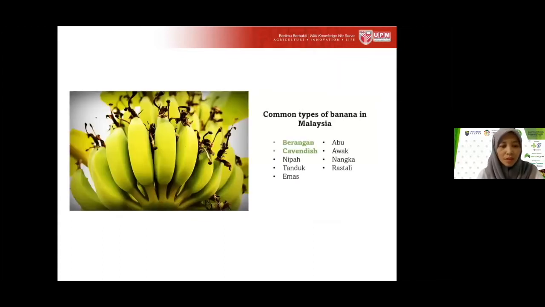Malaysia produces more than 50 local banana cultivars, and among them, pisang berangan and Cavendish are the main cultivars planted in the country. They make up about 50% of the total banana production in Malaysia. Unfortunately, they are also susceptible to Fusarium wilt disease.